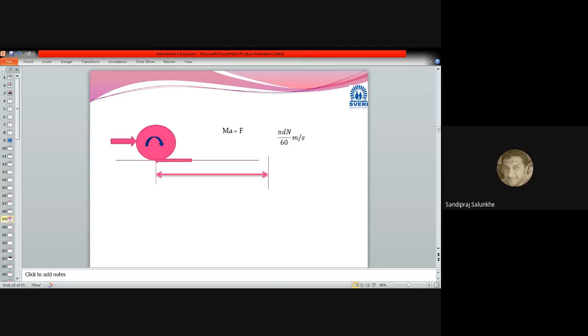Nut and bolt is also a simple mechanism. Screw is also a simple mechanism. So I'll share one screen where we can see the mechanisms.